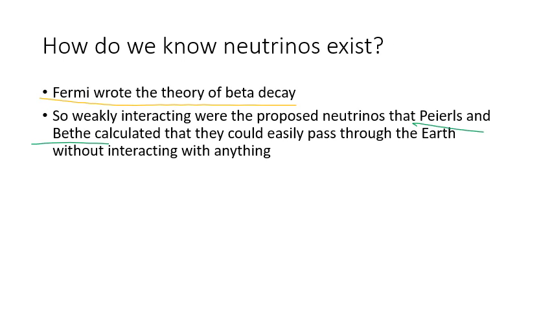They can go all the way through the Earth without interacting. They're weakly interacting. We've mentioned this already. And Fermi's theory and their calculations within it just reinforce that that's true. And so how the hell do we find neutrinos if they can go all the way through the Earth without hitting anything?